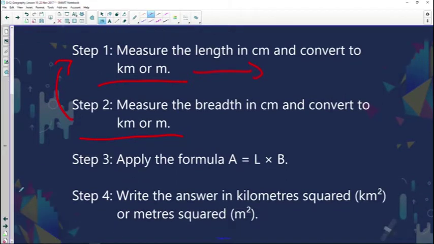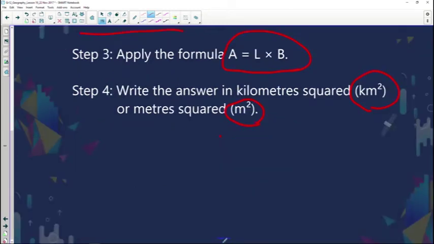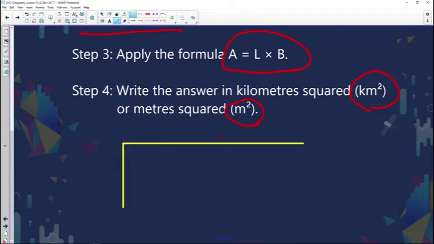Then apply the two to the formula, area equals length times breadth. And lastly, write the answer in square kilometers or square meters. For instance, I'm quickly going to give you an example from the page over here.